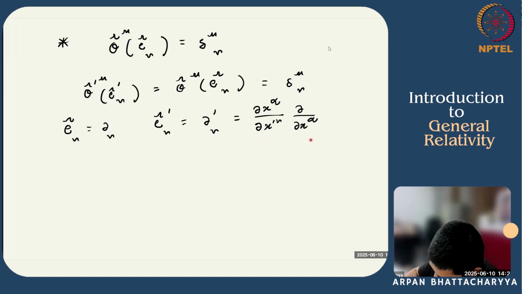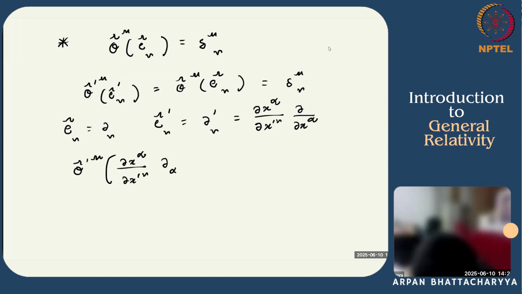So let's put it here. We get mu, x alpha, mu, alpha.